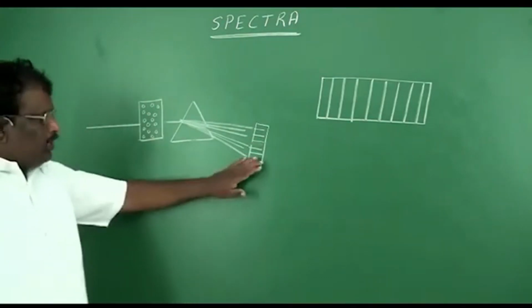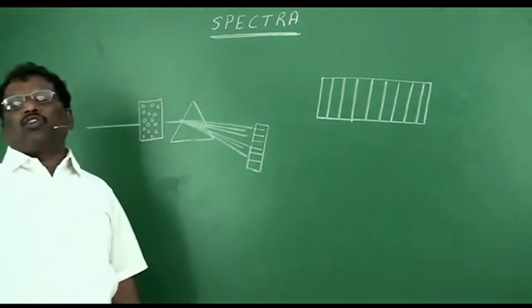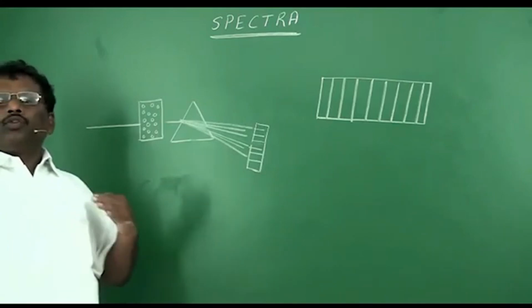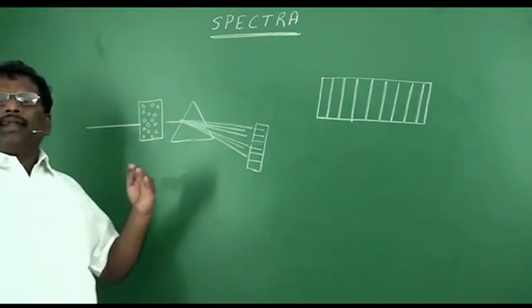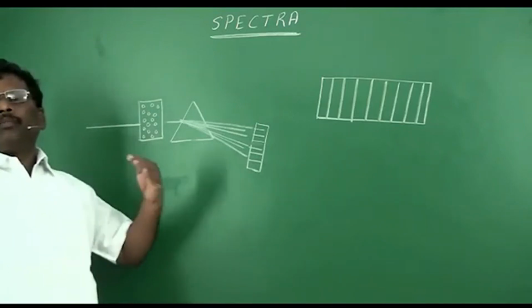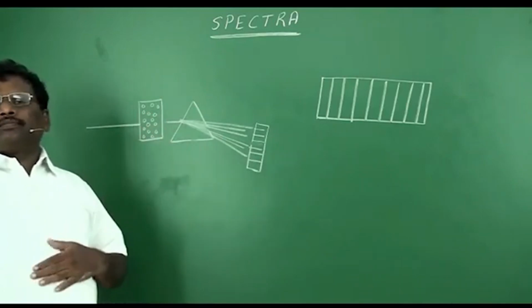So this spectra was recorded while atoms are absorbing energy. That's why we call it as absorption spectra. In absorption spectra, you will have bright lines on a black background.